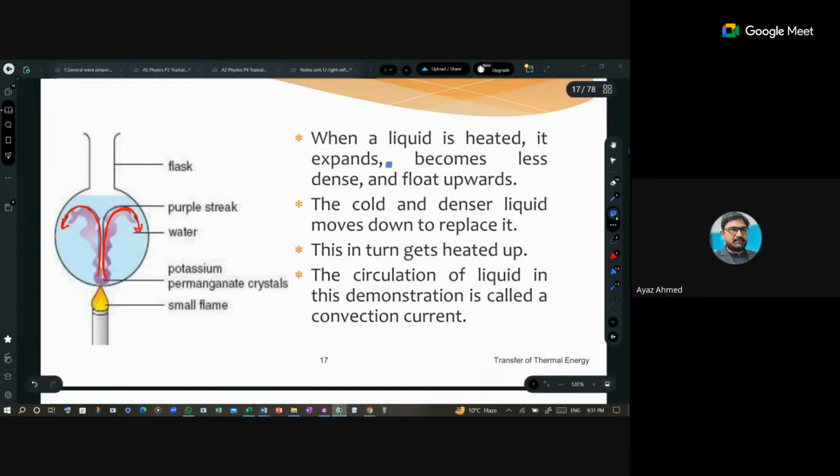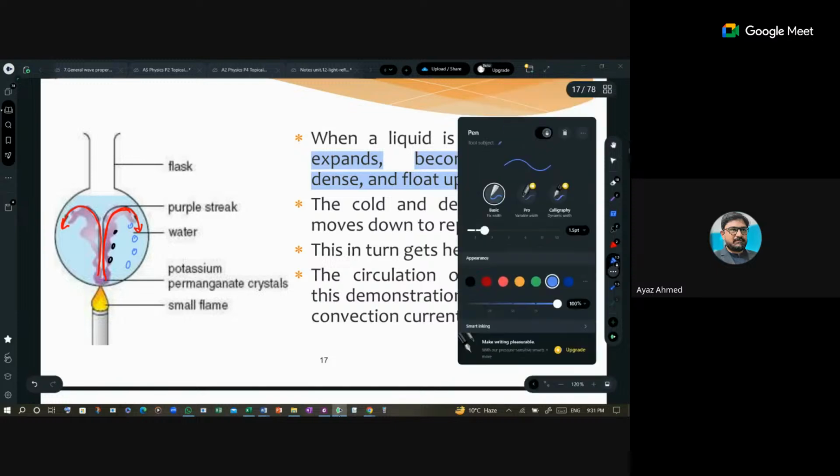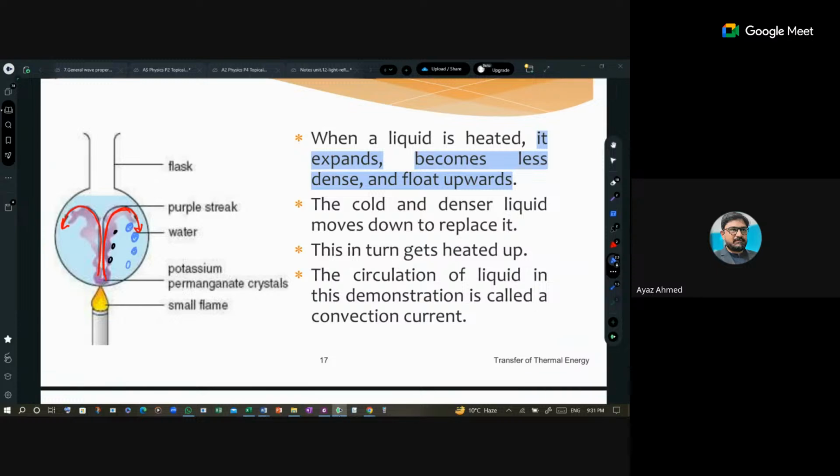So when the liquid particles are heated, they expand, right? Actually not molecules, the liquid expands. Due to that, it becomes less dense and it floats, because as I told you, those molecules which have lower density move up, and those cold molecules which are closer to each other have more density, so they move down, they sink.